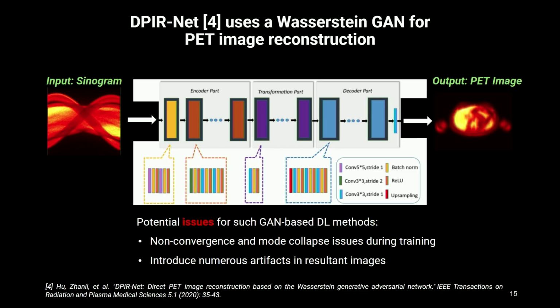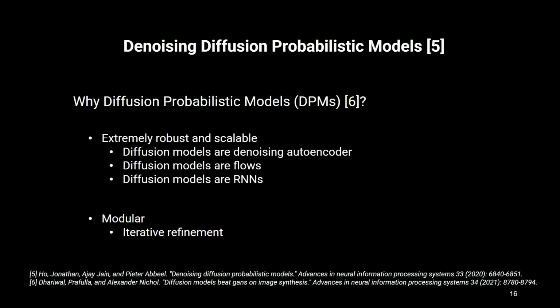Although GAN-based methods can produce realistic results, due to the underlying competitive nature between the generator and discriminator, they often suffer from unstable training, which may introduce numerous artifacts and hallucinations in resultant images.